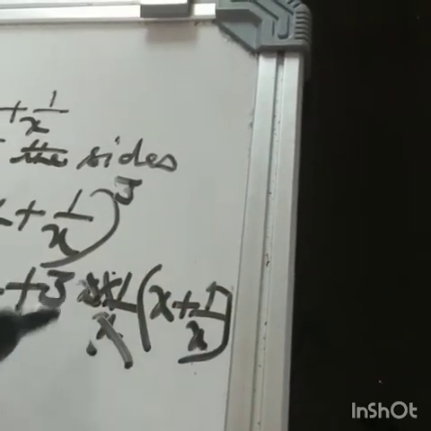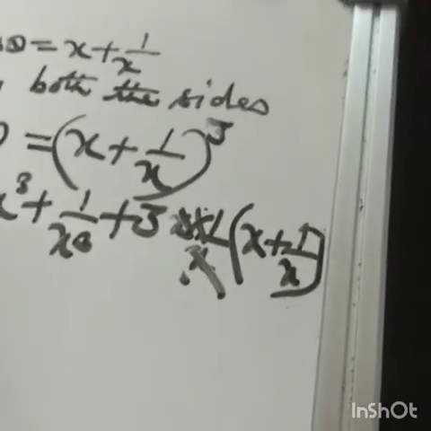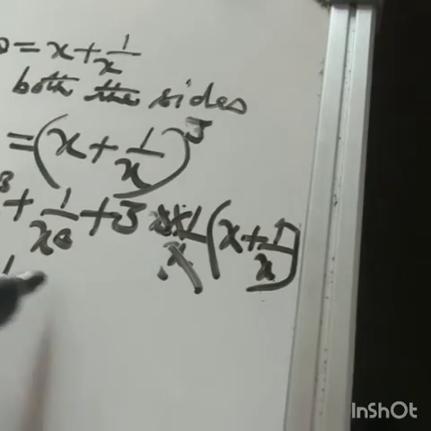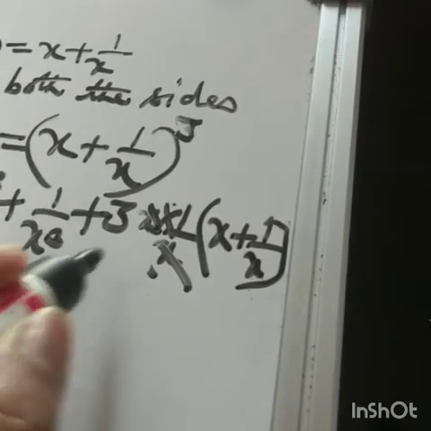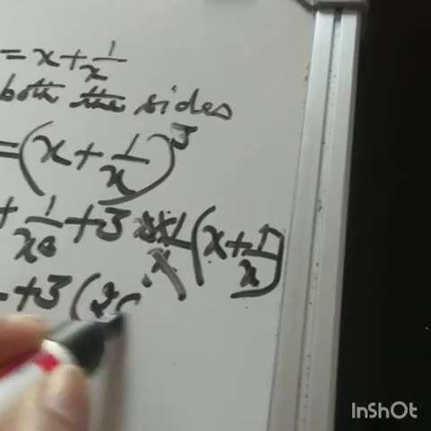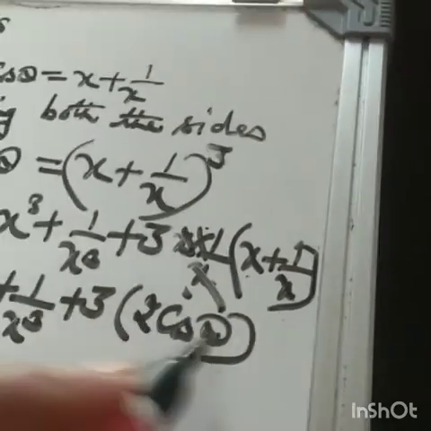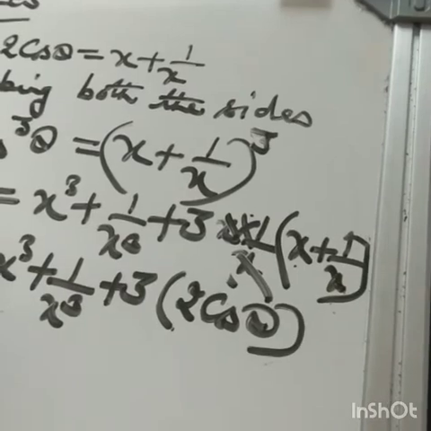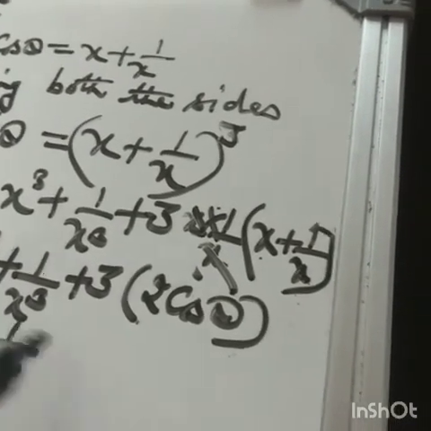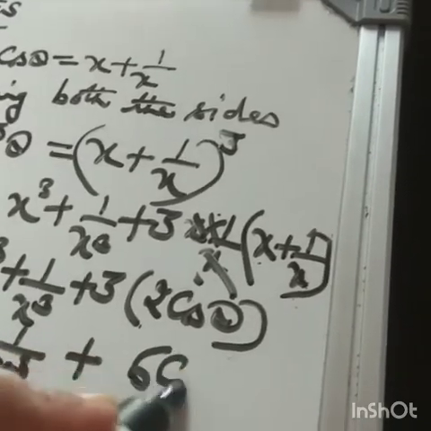This goes. Now you can write x cube plus 1 by x cube plus 3 into, in place of x plus 1 by x, we can write 2 cos theta. So it is x cube plus 1 by x cube plus 6 cos theta.